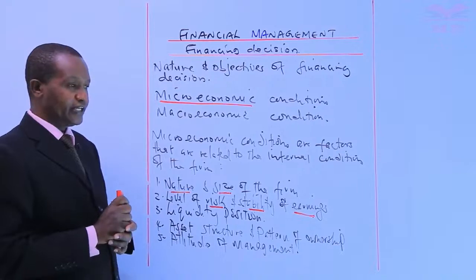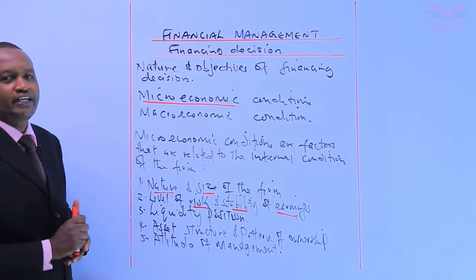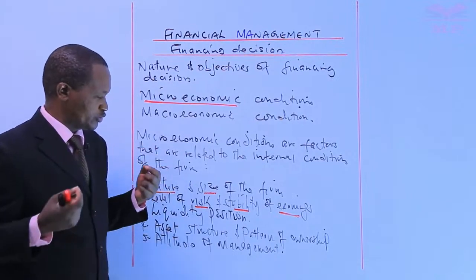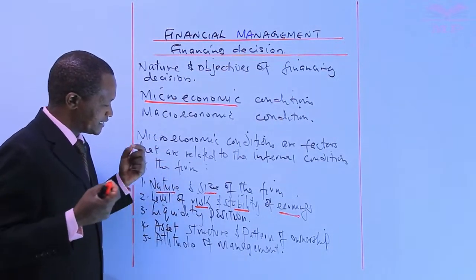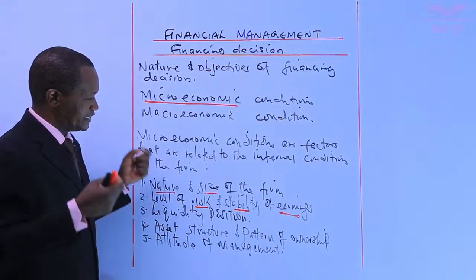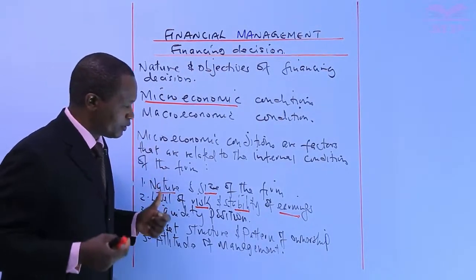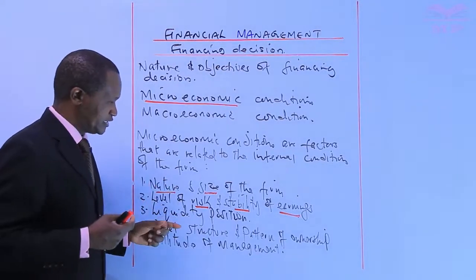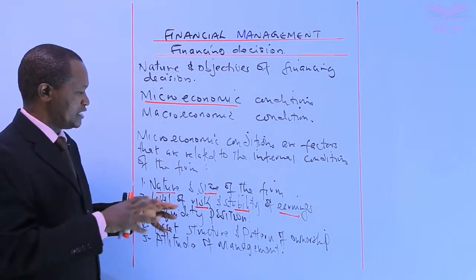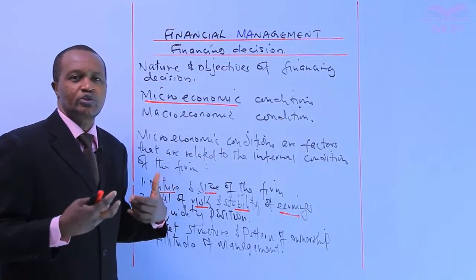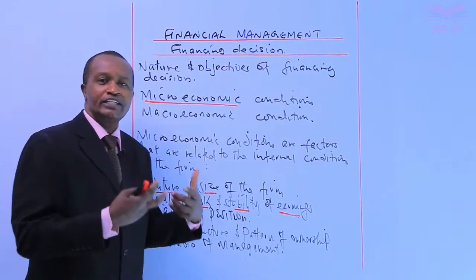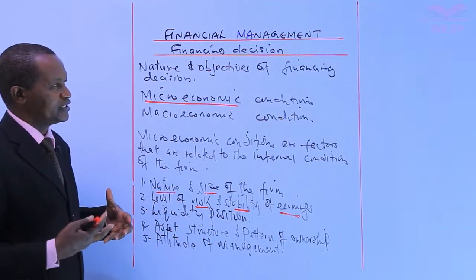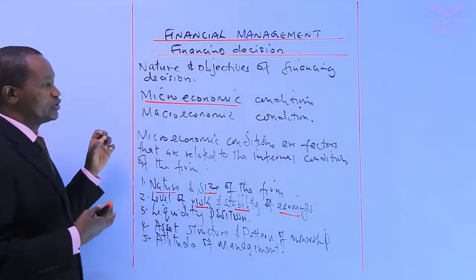What do I mean when I say a firm has a sound liquidity position? A firm that has a sound liquidity position is a firm that has cash at its disposal. Liquid is just money. A company that has financial resources in monetary terms is a firm that is liquid. You may find a firm that is more liquid, another one that is not liquid.